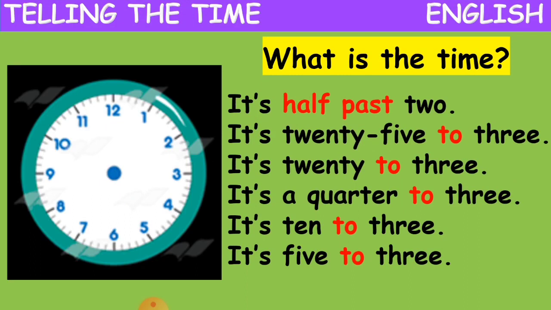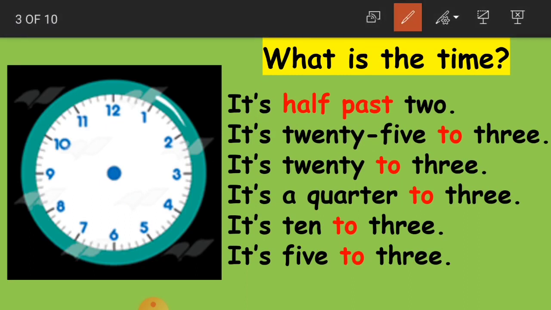Now again you see here. Now it's half past 2. Half past 2 means what? 2:30. We are having 4 parts. If you divide 1 hour into 4 parts, one part is 15 minutes, 2 parts is 30 minutes.